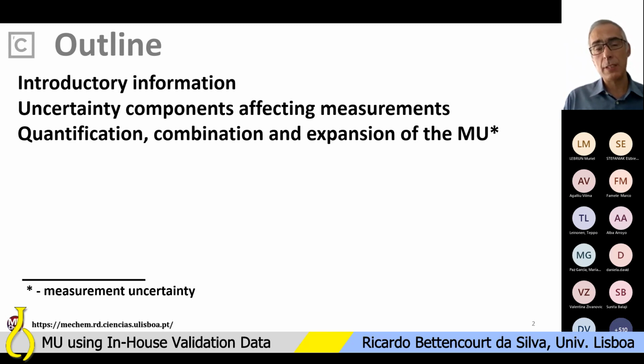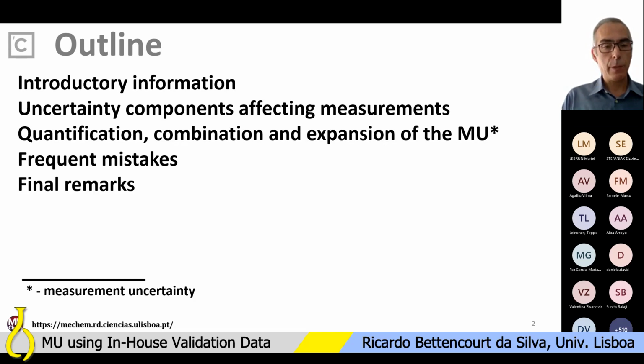And I will discuss how to use in-house validation data to perform this evaluation. Then I will try to list some frequent mistakes that I found in labs as technical assessor of accredited labs, to highlight the need to pay attention to some details when you use this type of approach. And then I will close with some final remarks.